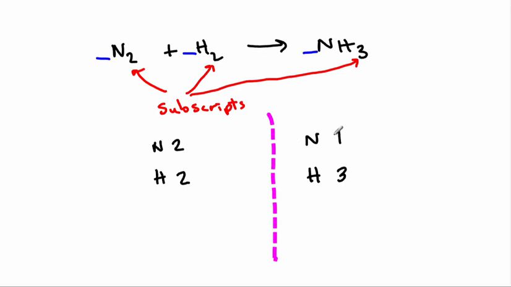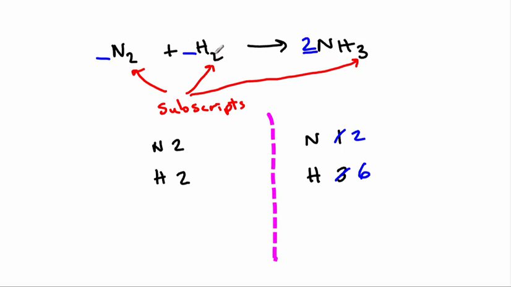So one thing I can do is I can put a coefficient of 2 in front of NH3. Now as soon as I make that change, I'm going to correct my count on this side. So now nitrogen has 2, and now for hydrogen there's 2 times 3. So that's 6. Now I notice that's balanced for nitrogen, but hydrogen is still unbalanced. So I have to go back and add a coefficient on the reactant side to balance that out.